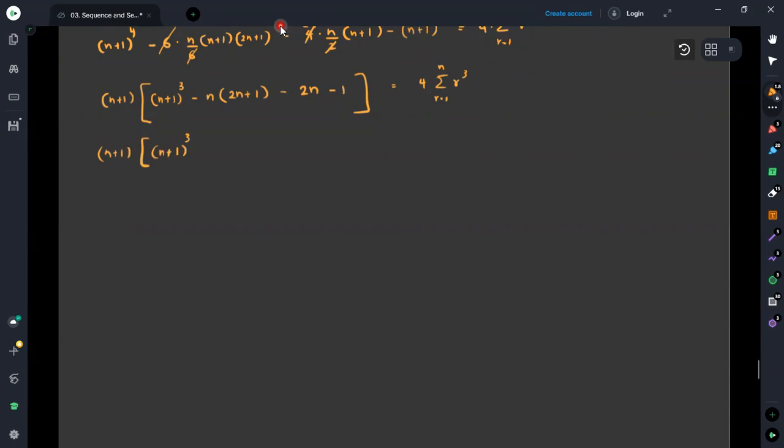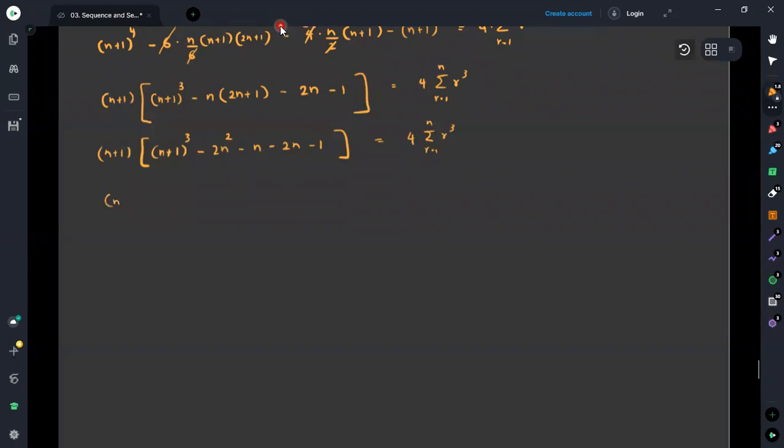Therefore, without making our calculation much more complex, I will try to simplify this. Then we'll multiply the value 2n plus 1 with minus n. Here we'll get it as 2n squared minus n, then minus 2n minus 1 equals 4 times the summation of r cube, where r goes from 1 to n.